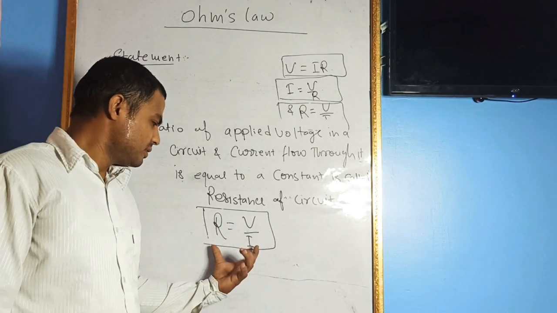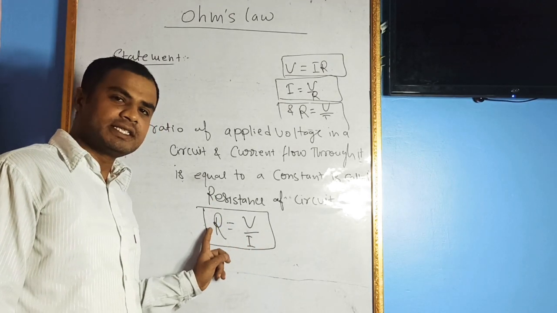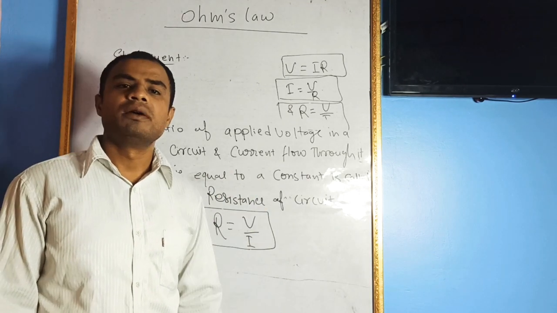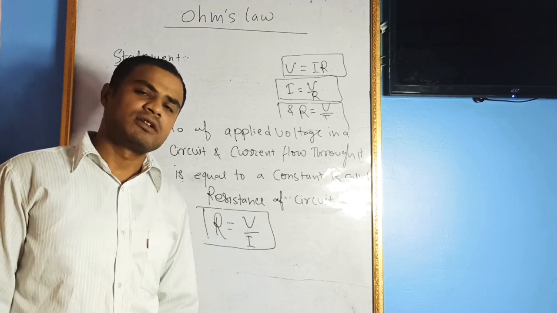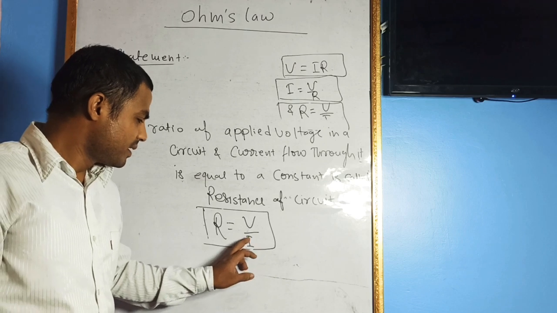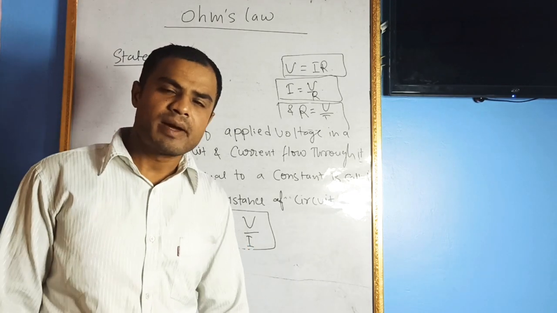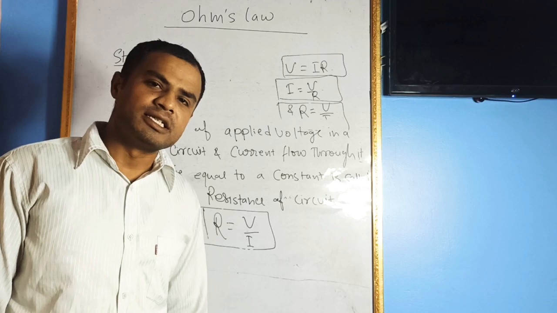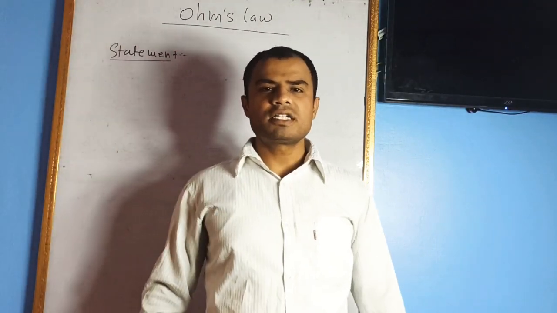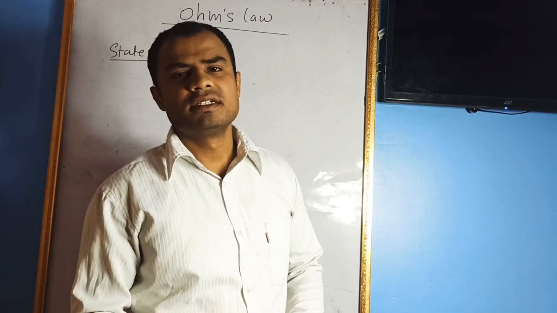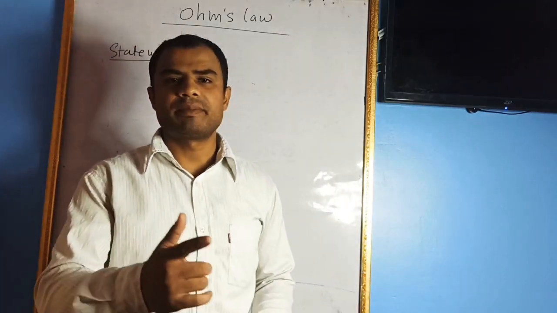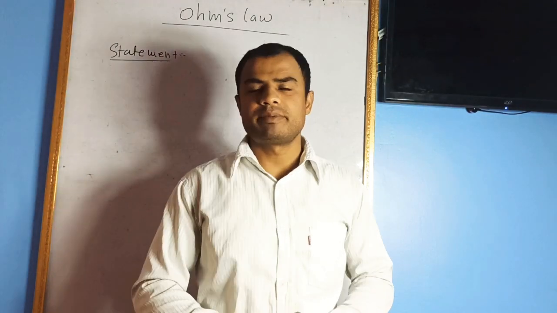To determine the value of unknown resistance, the voltage can be measured using a parallel voltmeter, also called a shunt voltmeter, and the current can be measured using a series ammeter. Actually, Ohm's law only works at constant temperature or constant physical parameters. So don't forget to include this in your statement.